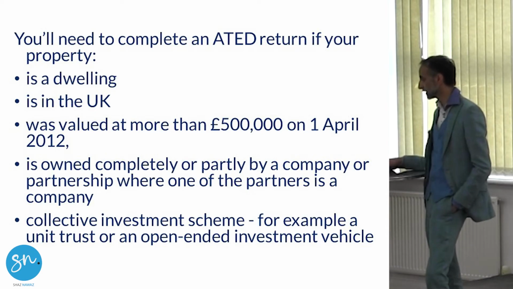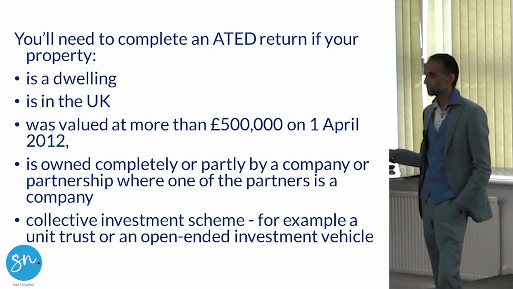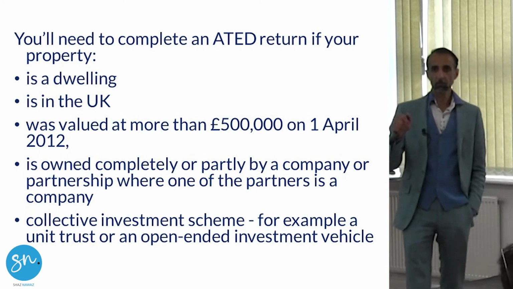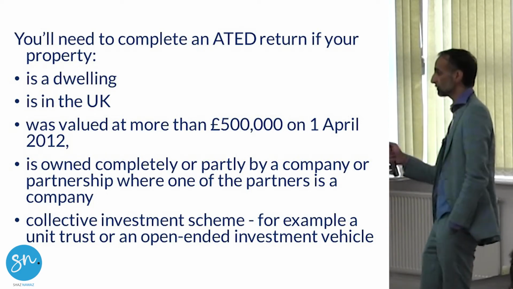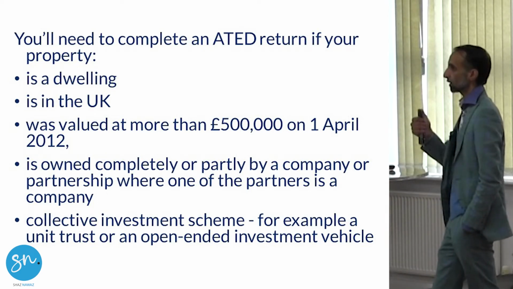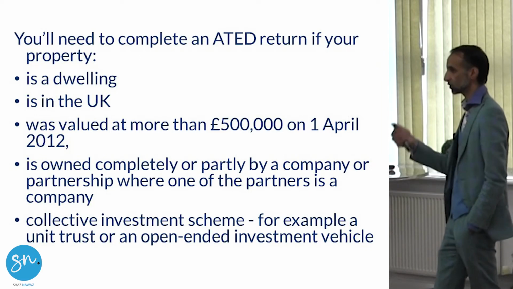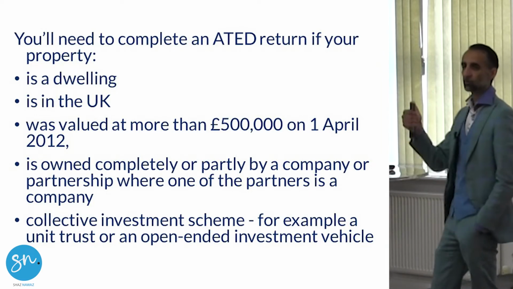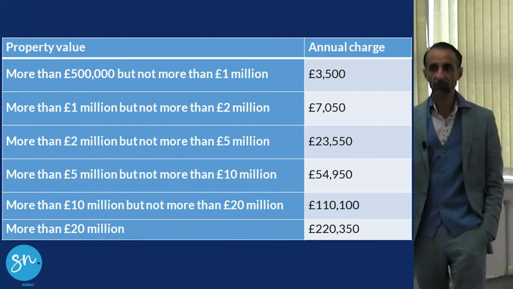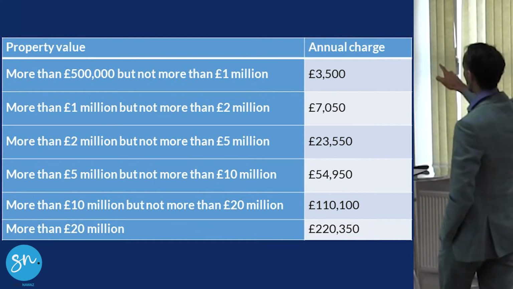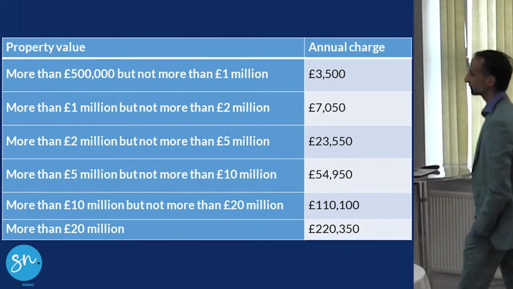And that property is not rented out on a commercial basis, i.e. you live in the property, or you allow your family members or your children to live in the property, you have to pay additional tax every single year. Based on the value of the property, that's how much tax you would pay.